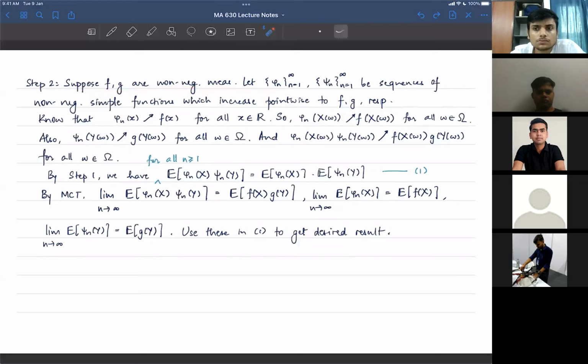Similarly, we have a sequence psi_n, n going from 1 to infinity, of non-negative simple functions which increases pointwise to g. We know that such sequences exist. Now, just to be clear, here f and g take the real line to the real line. Of course, phi_n and psi_n also take the real line to the real line.